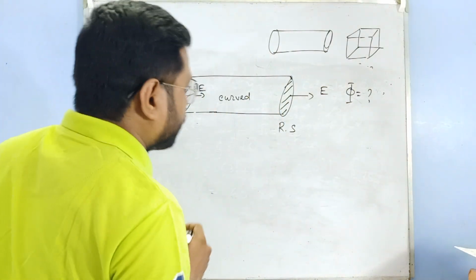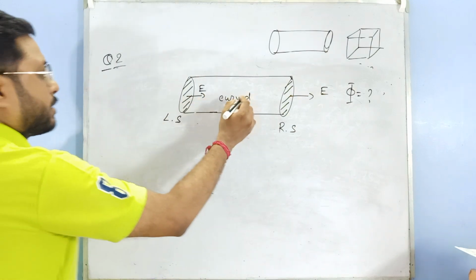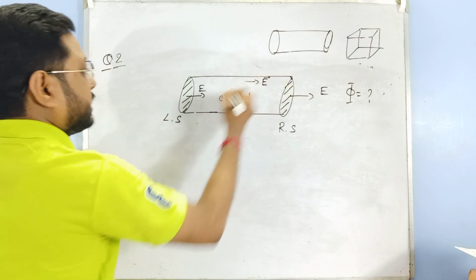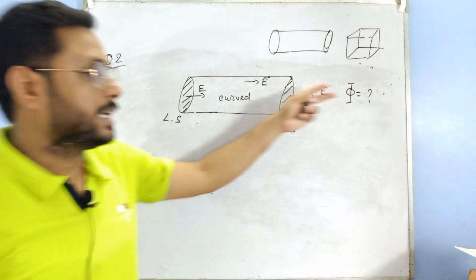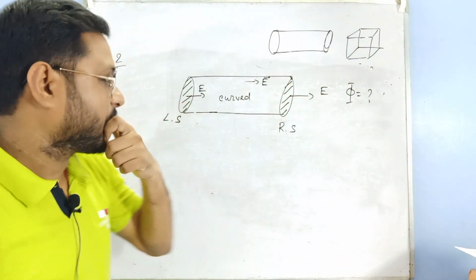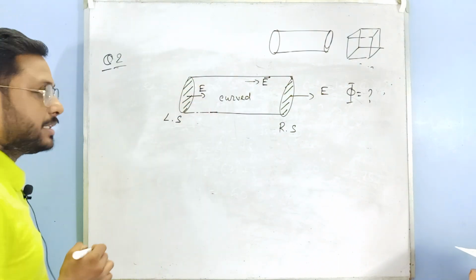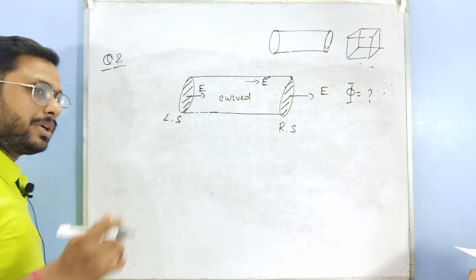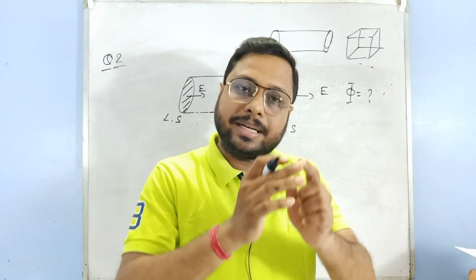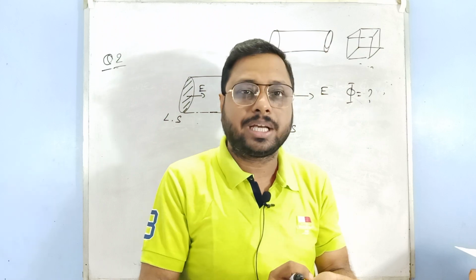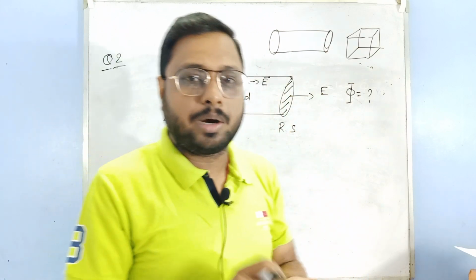As we know, the direction of E cannot be changed, as it is given in the question that E is directed along this axis. For the left surface, the area vector is perpendicular to the area, and it always acts radially outwards, not inwards.